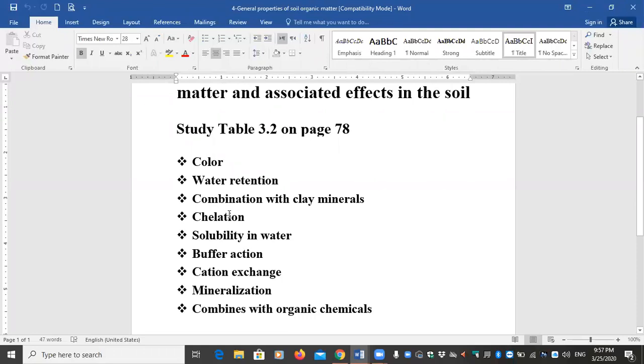Chelation is a process where some organic compounds combine with some heavy metals, and we're interested in agriculture in the trace metals or the micronutrients. So if they are chelated, held in complex form with organic compounds, they become soluble in soil, even though they are very complex combinations with organic compounds, yet they are available to plants and they are soluble. So that's the importance of chelation.